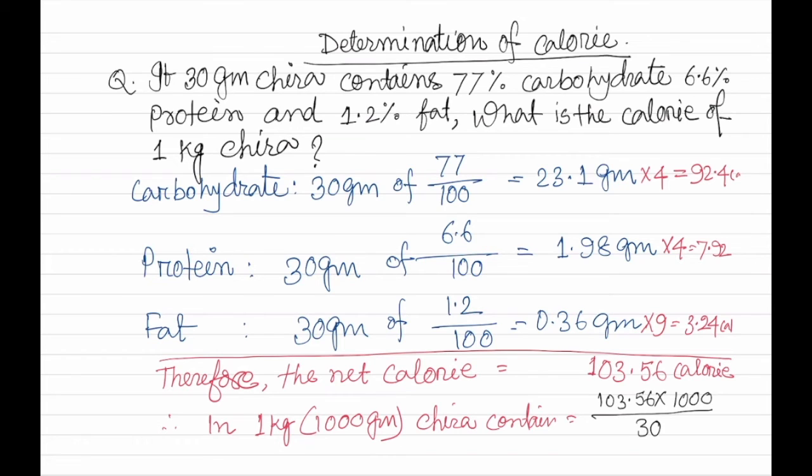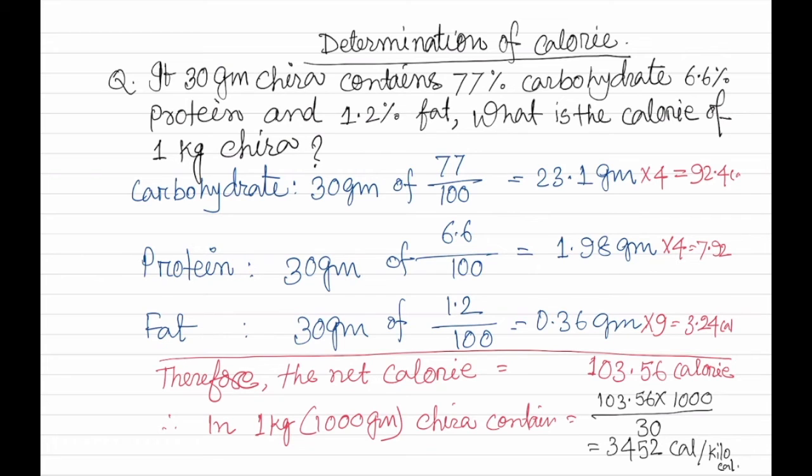So 103.56 into 1000 divide 30, the answer will be 3452 calorie, or kilocalorie, because as I said, nutritional calorie is generally represented as kilocalorie.